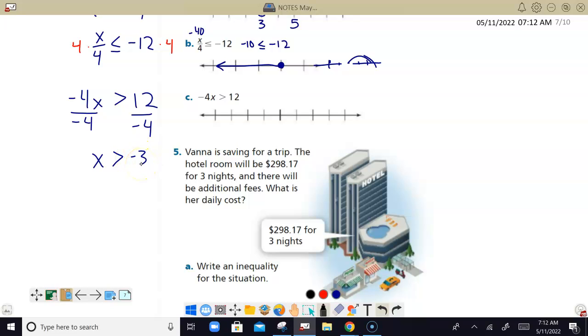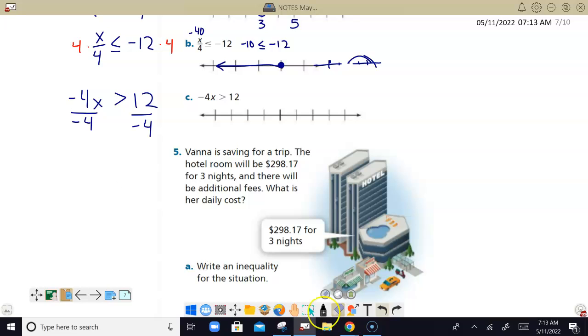If we use the same greater than symbol, and said my solutions are greater than negative 3, let's pick 5 out here. Negative 4 times positive 5 is negative 20. Is negative 20 greater than positive 12? No, it's not. So we know that there's a mistake somewhere in our reasoning.